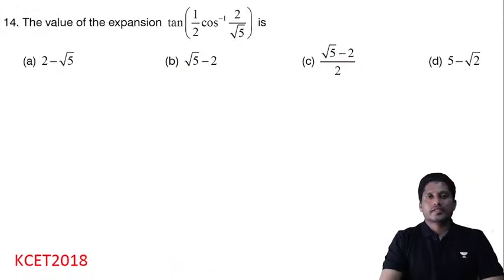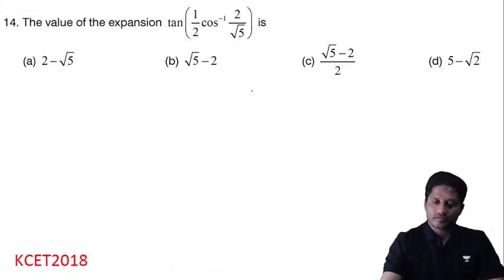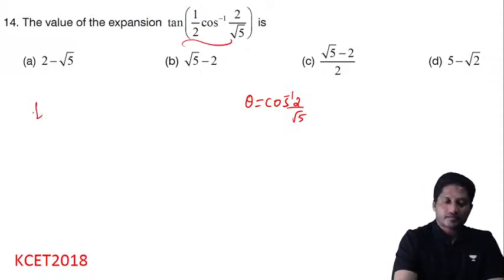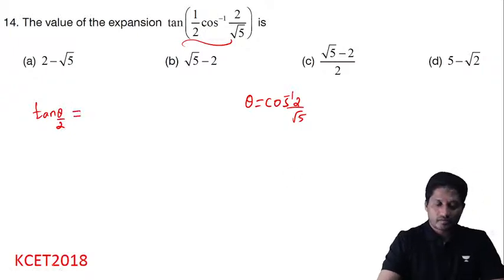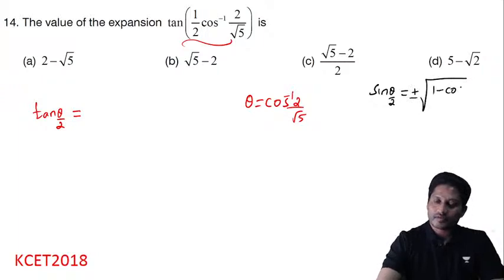The value of the expression: I'm going to take theta equal to cos inverse of 2 by root 5. This becomes tan theta by 2. I'll write the half angle formula. Sin theta by 2 is equal to plus minus root of 1 minus cos theta divided by 2.